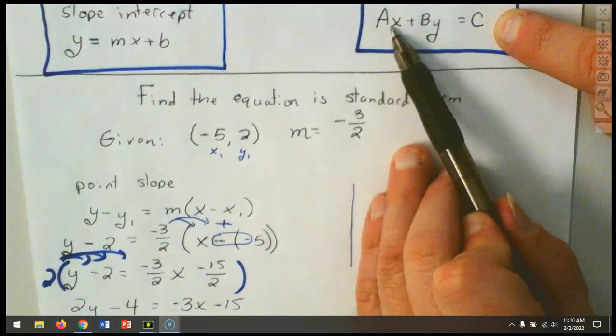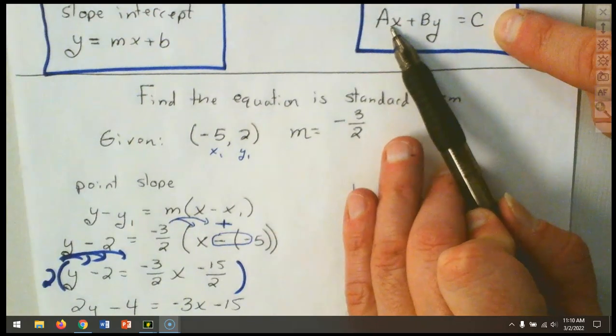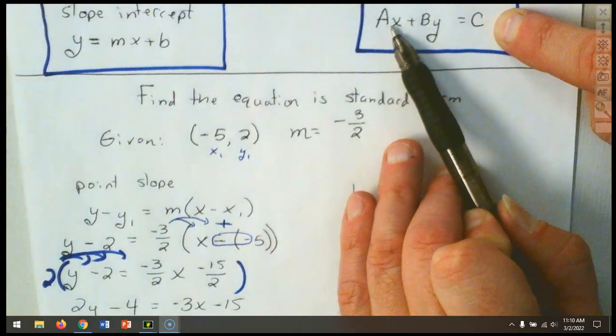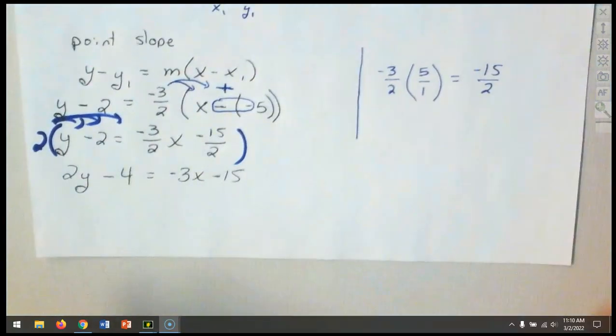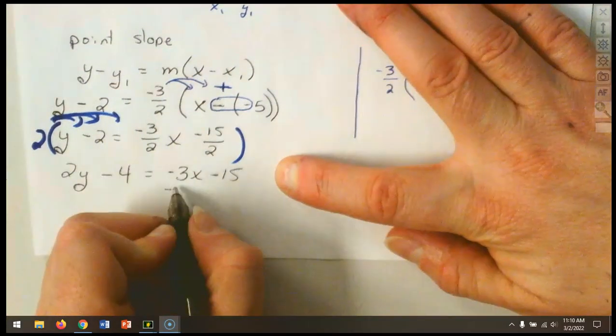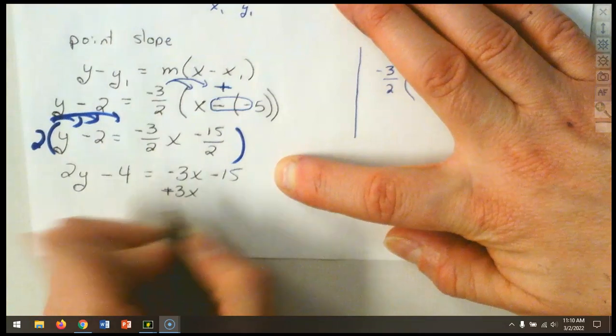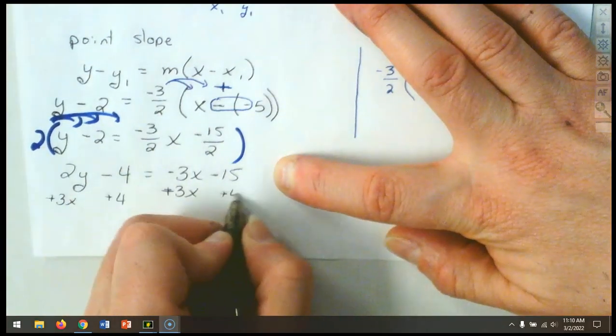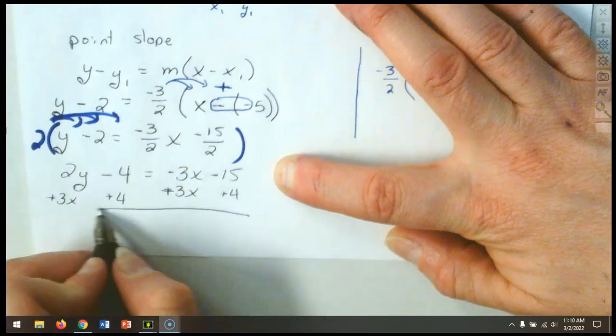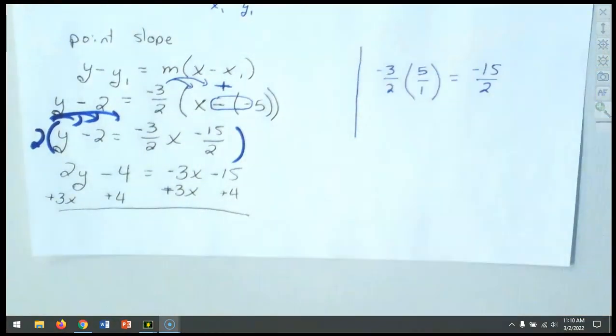So we need to make sure that our x is on the left-hand side. So make sure x is on the left. Everything else, if it's not a y, goes to the right. So make sure your x and your y are on the left. X goes first. So move that 3x over with addition. Add the 4 to move it over. That way we can get it all in standard form at once.